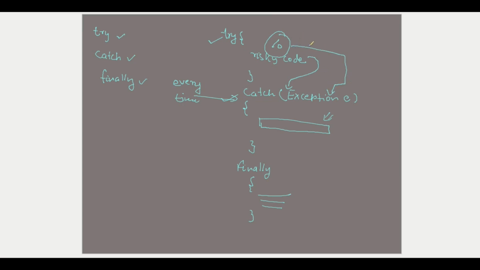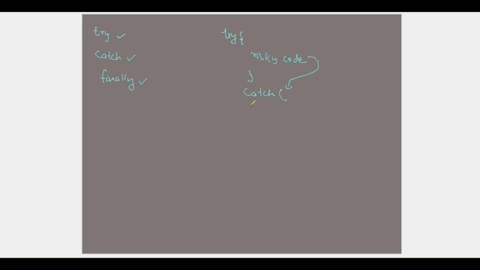If it does not occur, then catch will not run. But finally will run in every situation, whether the divide by 0 occurs or not. This is the way we generally handle exceptions in Java.